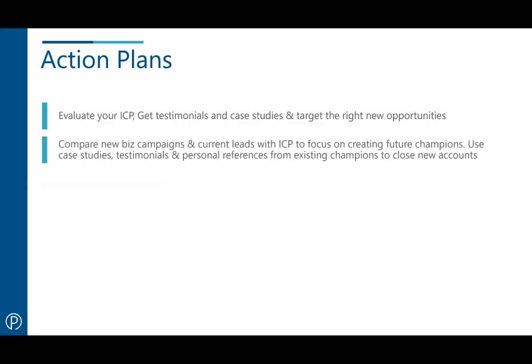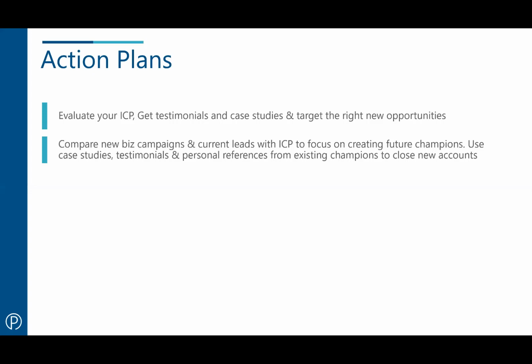So in terms of actionable things that you should definitely do, first of all, evaluate your ICP, get testimonials and case studies so that you can target the right kind of new opportunities and really aim at getting new future champions. Once you've got those ICPs, testimonials and case studies, you can compare that with the new biz campaigns that you're running and the leads that you've generated over the last 6 months, and see whether you're really generating the right kind of leads.